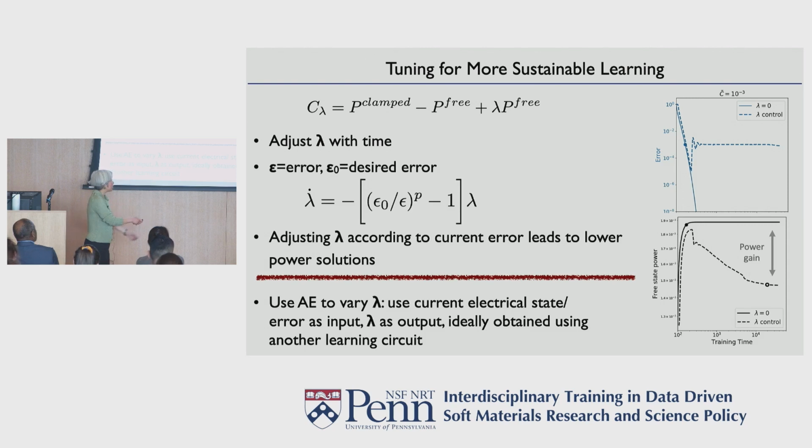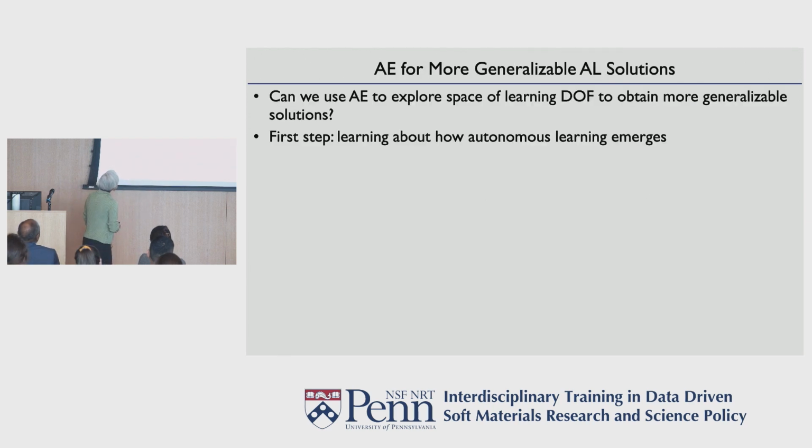And we adjust lambda on the fly for each time we want to train, to lower the power. I think that's actually not unrealistic to do. And so that's a way in which we can use this idea with autonomous experimentation to lead to more sustainable autonomous learning.